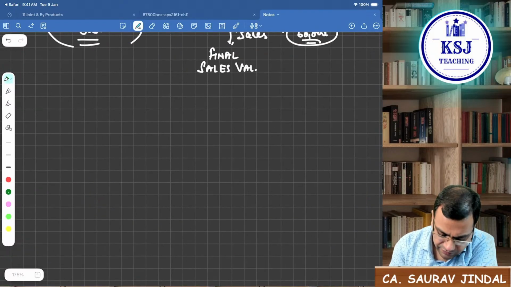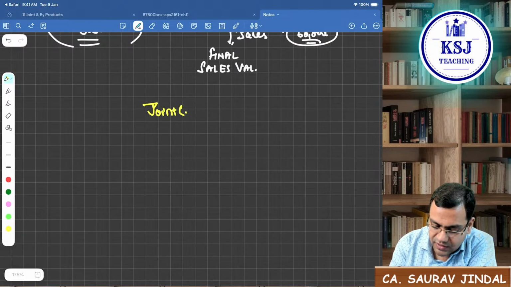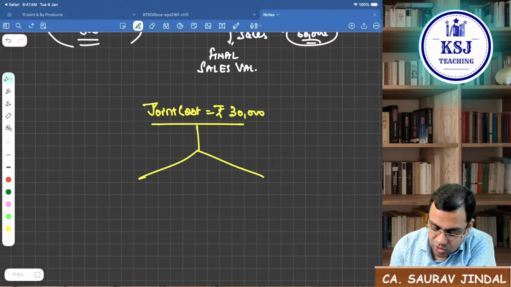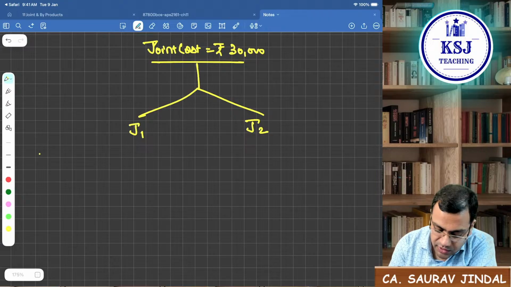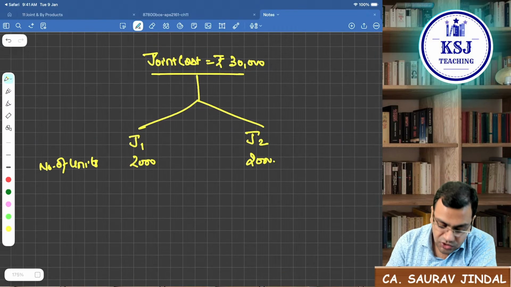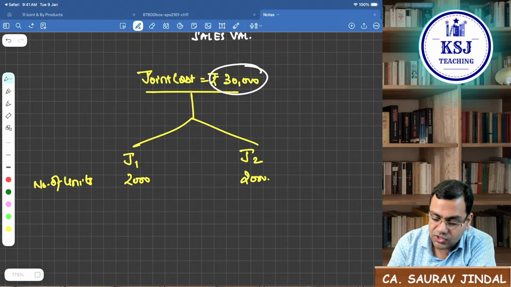In which ratio you will distribute your joint cost? For example, let's say you have incurred a joint cost of 30,000. By incurring this joint cost, you have manufactured two products, J1 and J2, right? And the number of units manufactured, let's say, is 2,000. So how to distribute this 30,000?